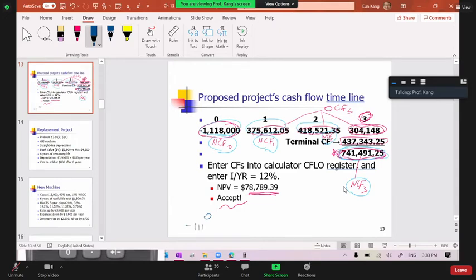Minus 1,118,000. Year 1, 375,612.05. Year 2, 418,521.35. Year 3, 741,491. So this is cash flow.